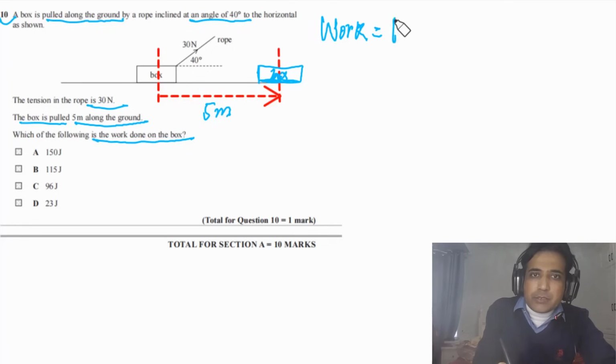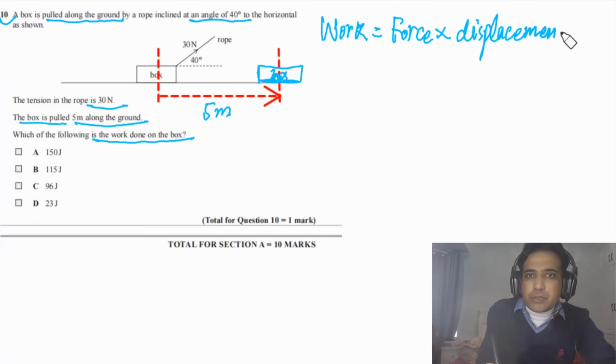Work done is force times displacement in direction of force.